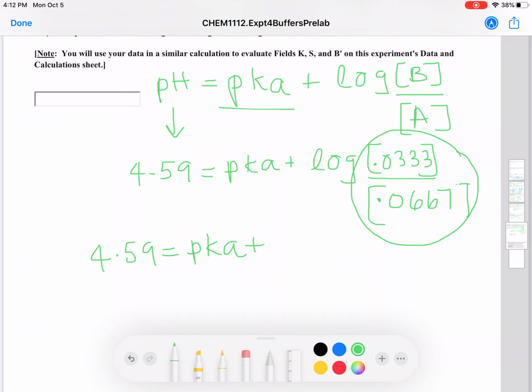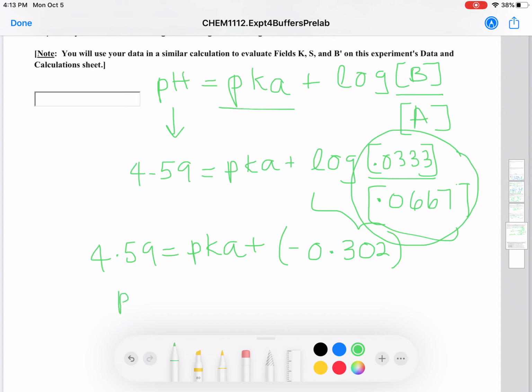First you do the calculation which I have circled, without doing any log, and then you take the log of that answer. That would come to be negative 0.302. Please do the calculation and see if you also get the same number.